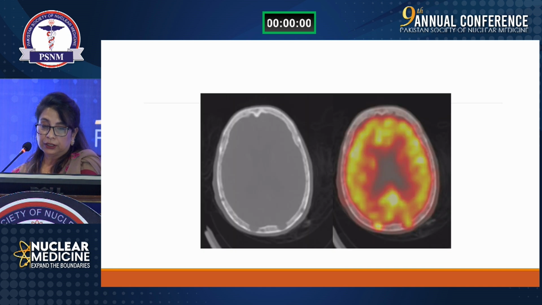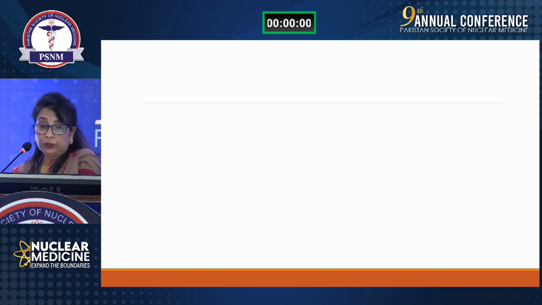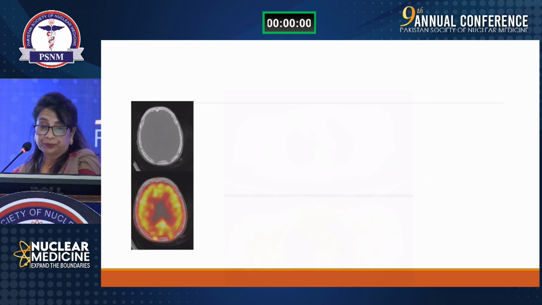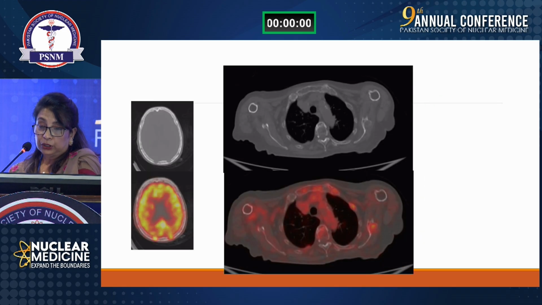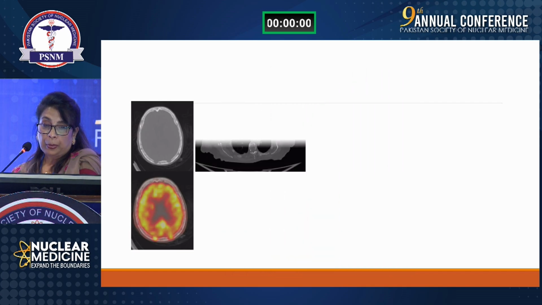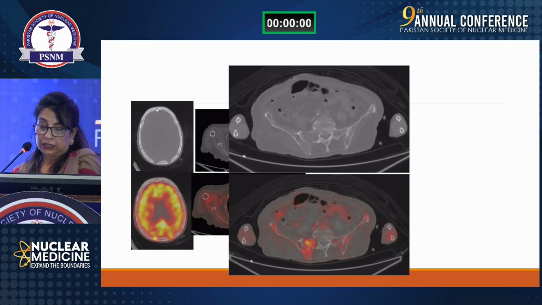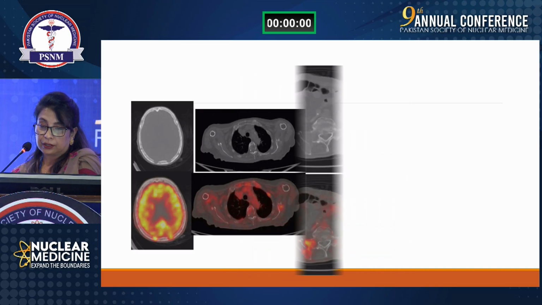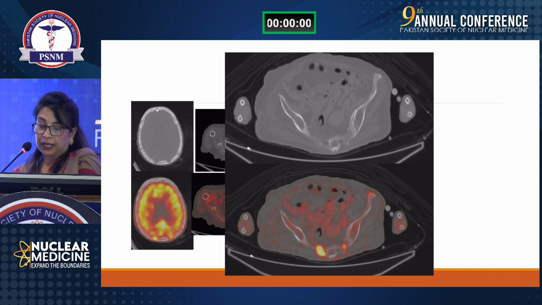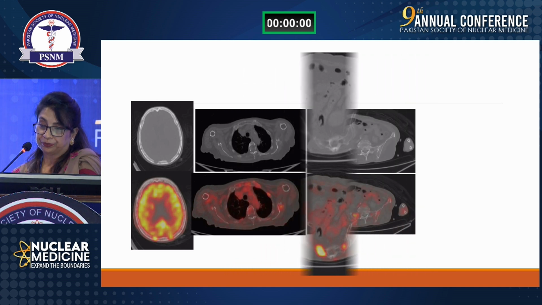Similarly, this was another case in which we had a raindrop appearance of the skull with multiple lytic lesions, which I hope you can see here, which were FDG avid. And then when we scanned the whole body, we saw lesions in the left scapula, the SI joint, and the sacrum.